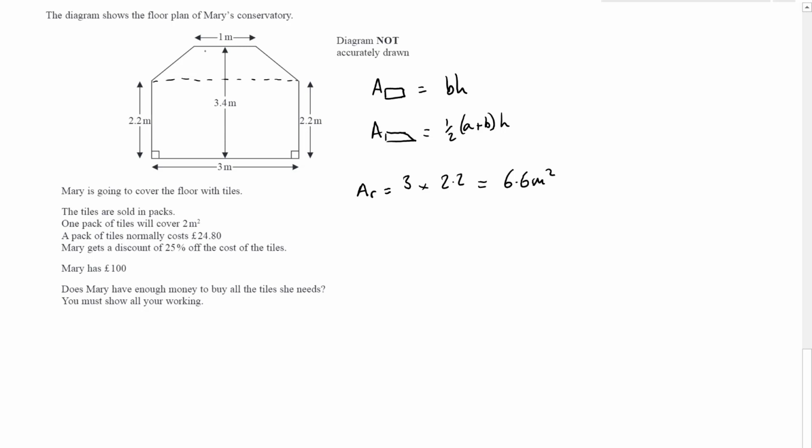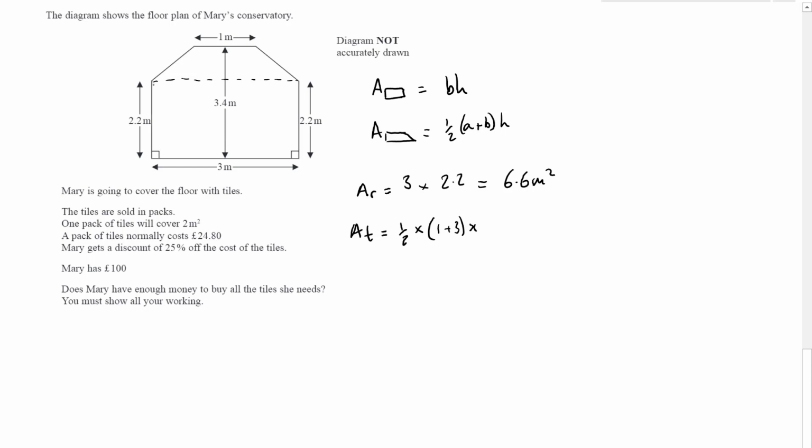Then the area of the trapezium, which I'm going to call AT, is going to be half times (A plus B). So B is 3, A is 1, so 1 plus 3 is going to give us 4, and then multiplied by the height.